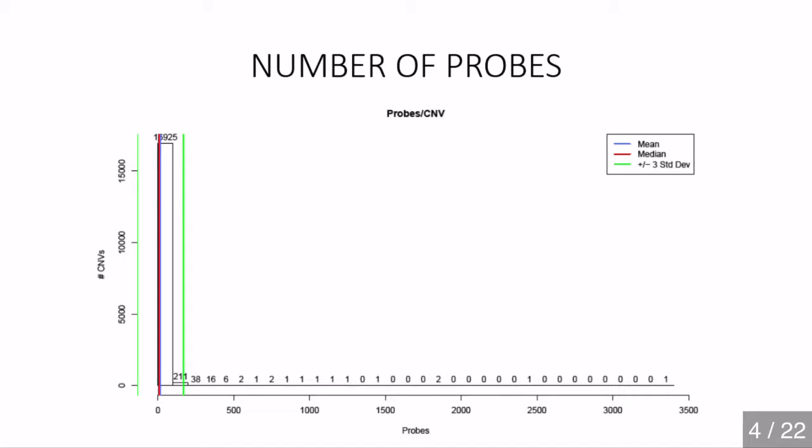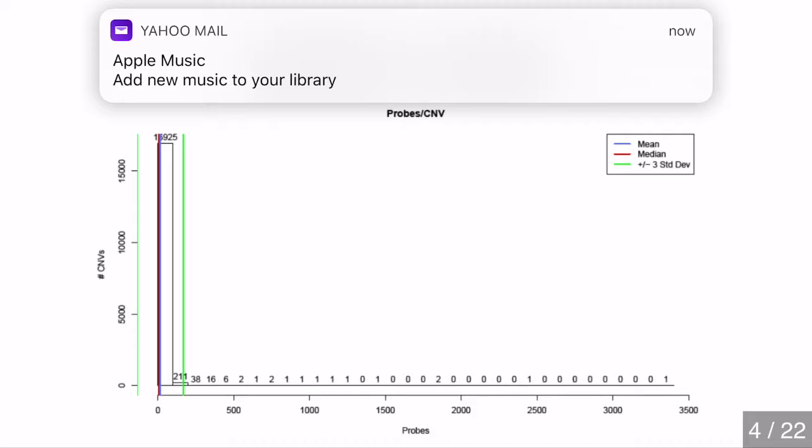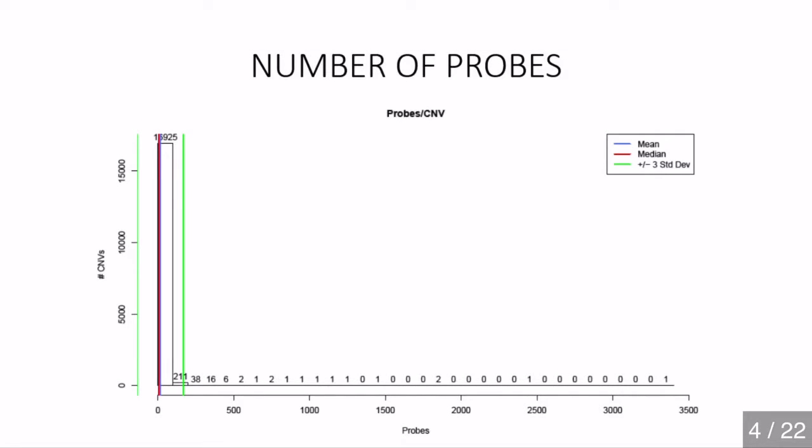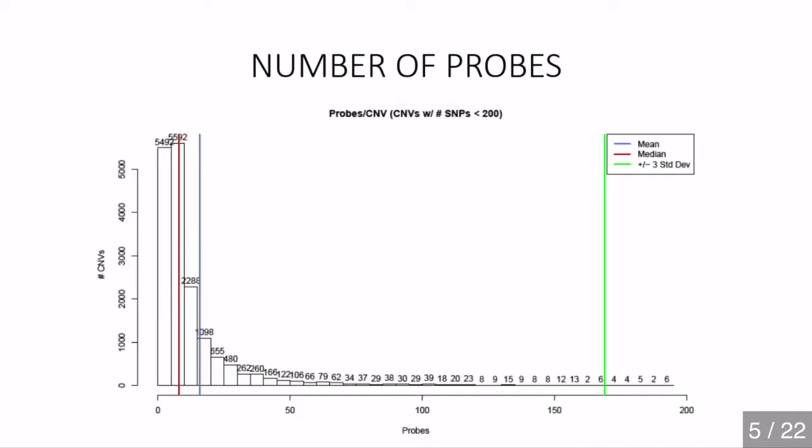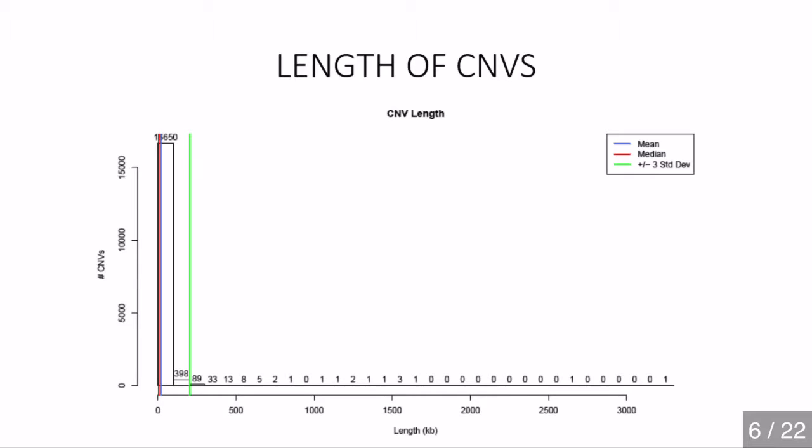So number of probes versus CNV. So all these are histogram graphs showing frequency, or the amount of the samples, and they show the mean and median and the standard deviation. So the number of probes, this data is suggesting for the quality controls that the lower the number of probes, that's where more of the data is.